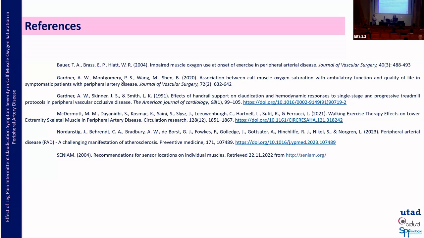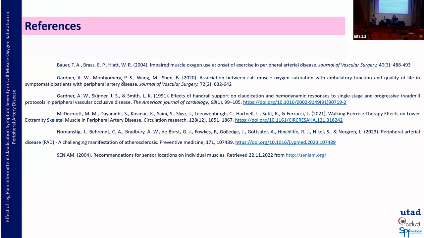The literature showed us that the ankle brachial index is not changeable. So we are thinking about detecting angiogenic adaptations, so microvascular adaptations, instead of changes in the big vessels of the main arteries.